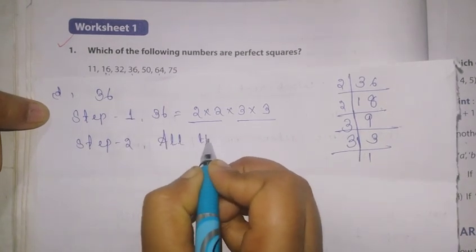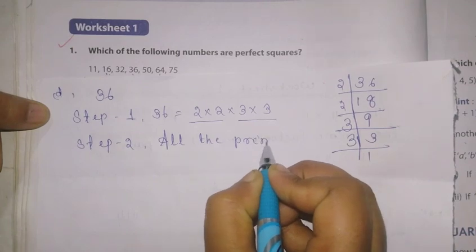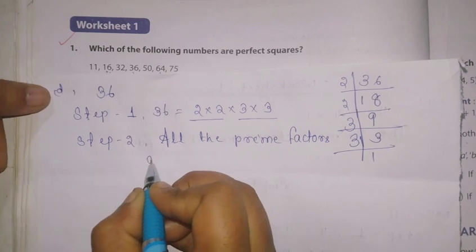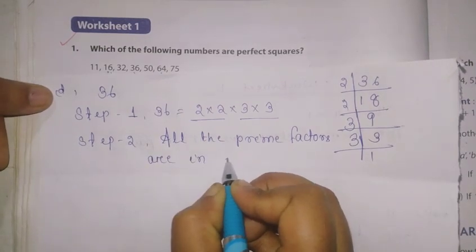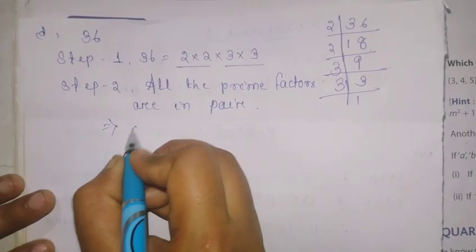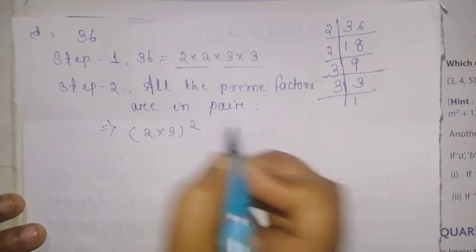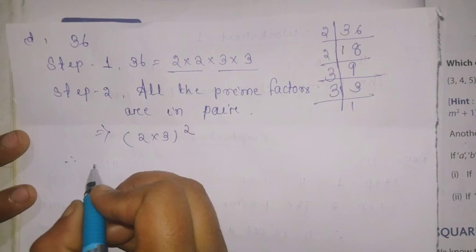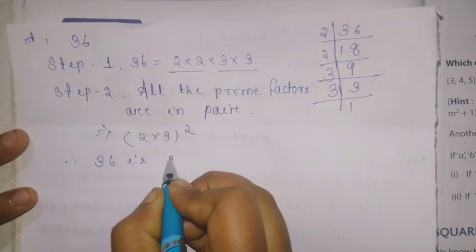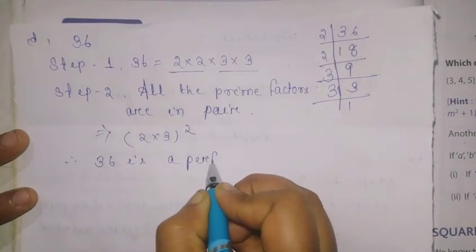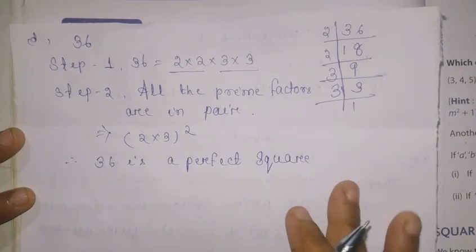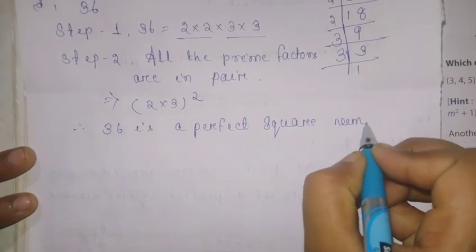All the prime factors are in pair. 2 into 3 whole square. Then 36 is a perfect square number.